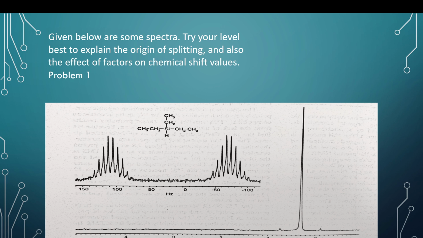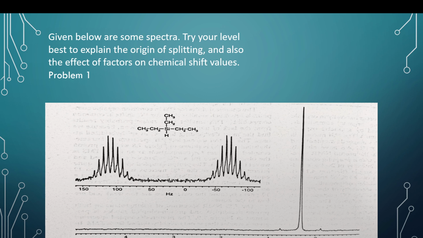Now for practice, given below are three spectra. The compounds are noted. The multiplicities are shown. What we have to do, we have to analyze the spectrum for two points. Firstly, what are the factors which are affecting chemical shift?